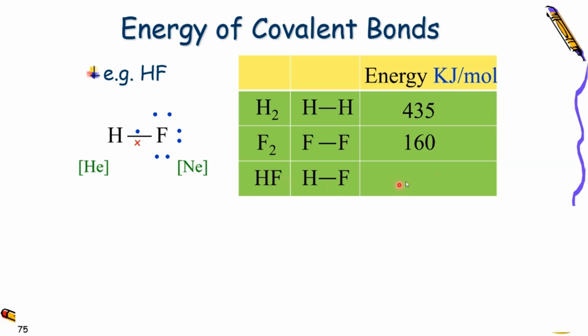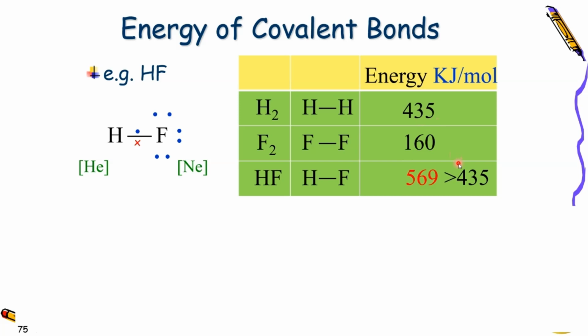What's the energy? For your common sense, you think, wow, this must be between 435 and 160, right? Between these two numbers. If we think of this straightforwardly, it must be between these. But when we measure the bonding energy of hydrogen fluoride, it is much higher. The number is not between 435 and 160.